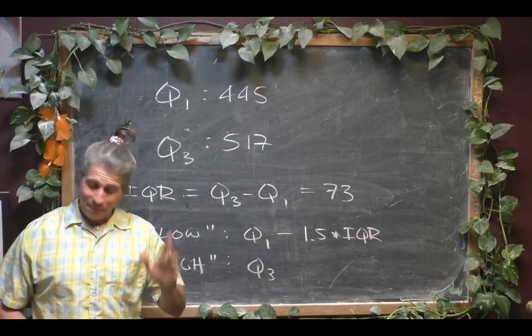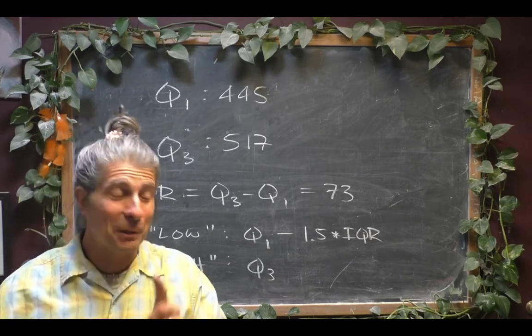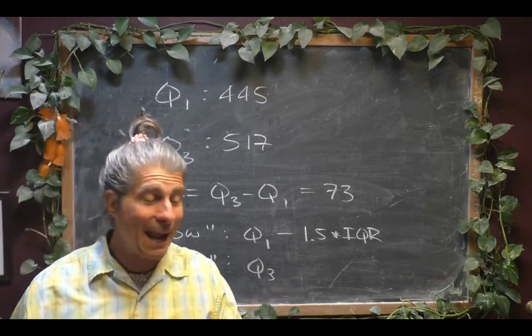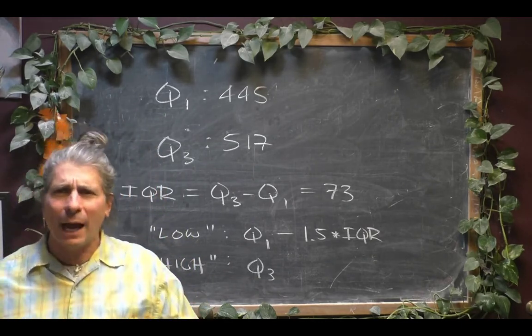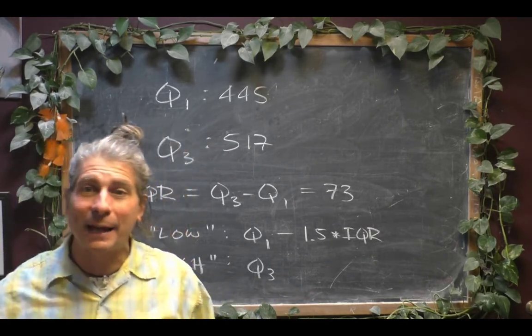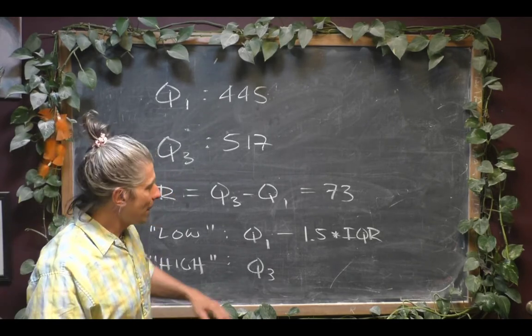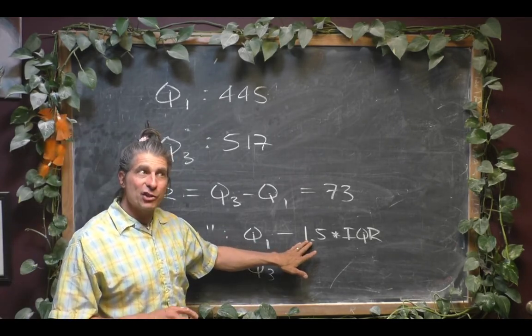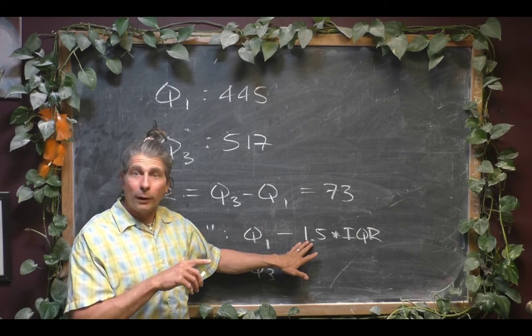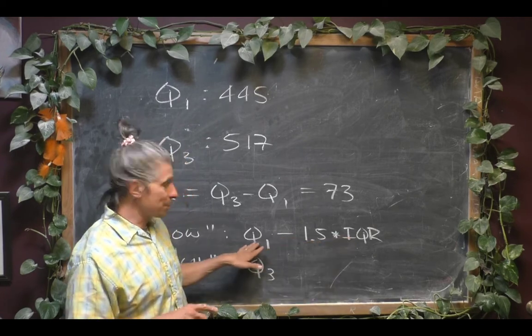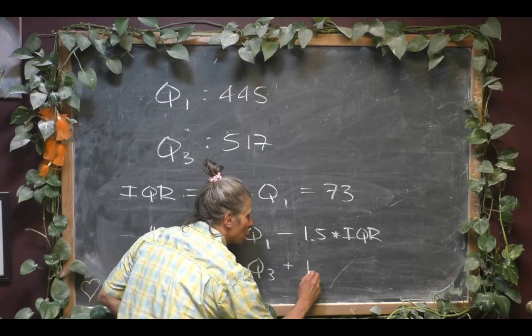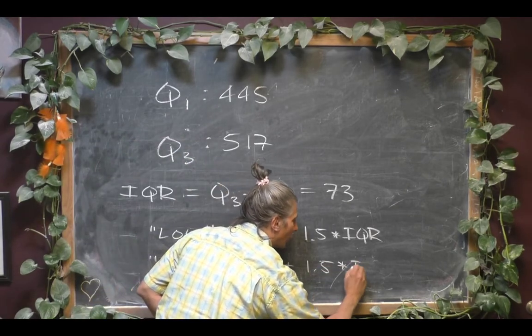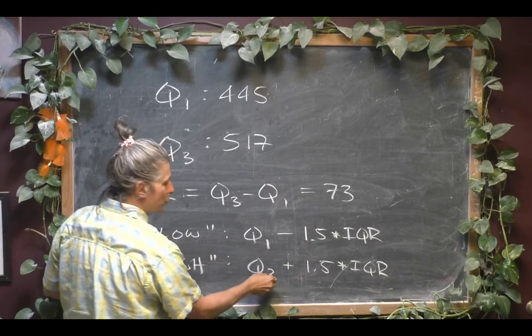Why 1.5? It's a damn good question. I've been looking for why 1.5 for years, and I can't find a decent rationale for it. If I get some more time in between making all these videos, I'm going to take another deep dive back. I haven't looked for a few years. But 1.5 seems to be the standard value for how many interquartile ranges below Q1. Q3 does the same thing, except it adds 1.5 IQRs to Q3.